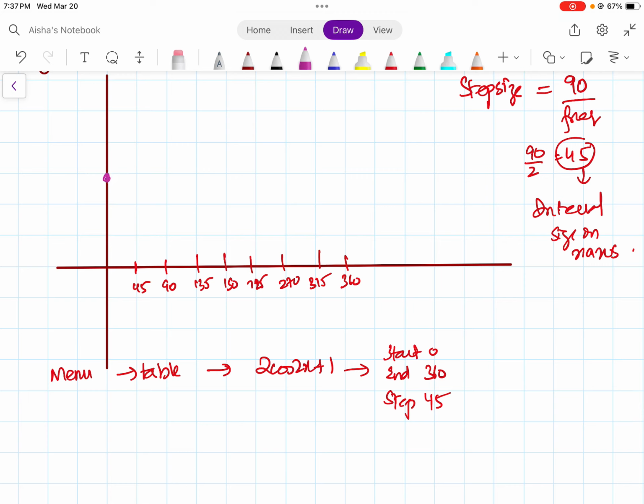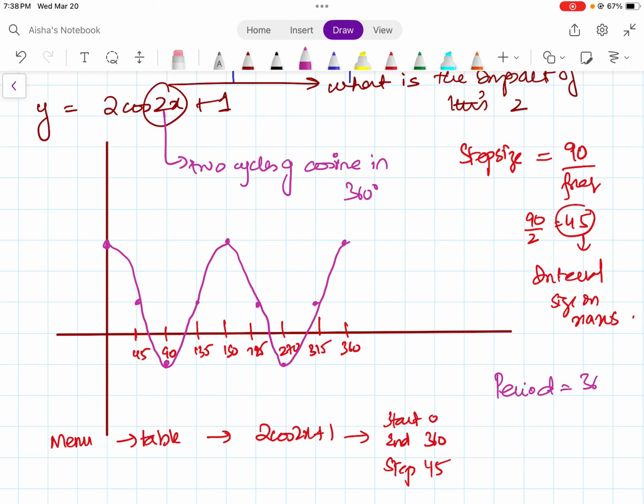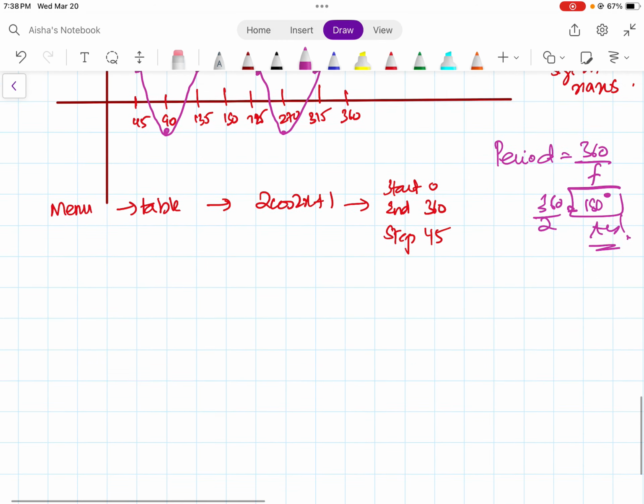So at 0 it's 3, then 1, then it's a -1, then 1, and at 360. A frequency of 2 means 2 cycles of cos in 360 degrees. The period is going to be 360 upon frequency, 360 divided by 2, which is 180 degrees. I hope it's clear now.